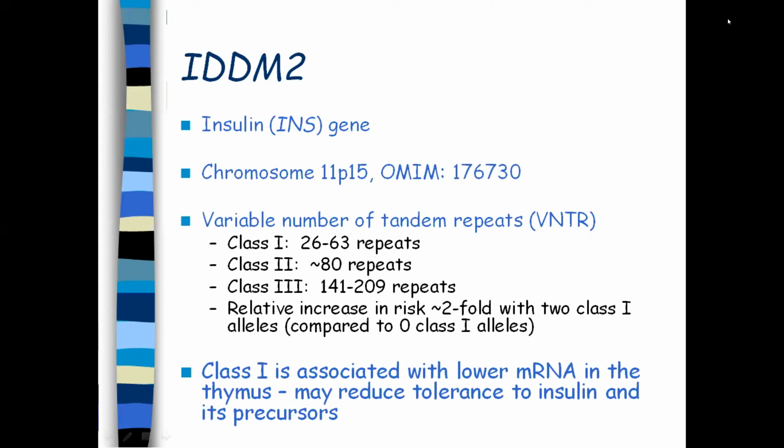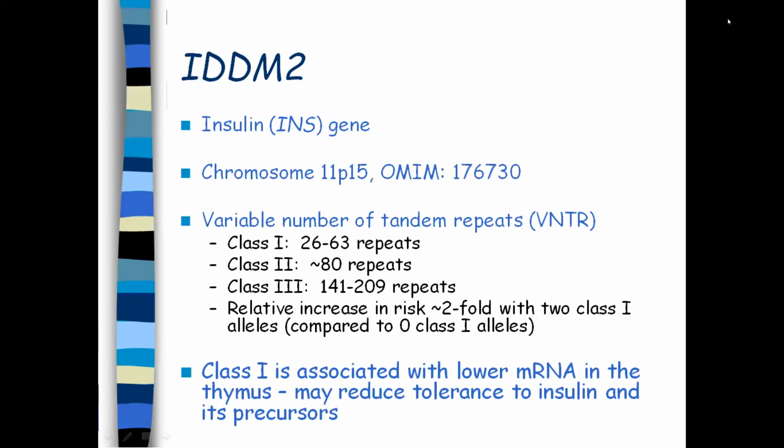So class 1 is associated with lower mRNA in the thymus that may reduce tolerance to insulin and its precursor. As we all know, type 1 diabetes is an autoimmune disorder where antibodies are produced, and those antibodies destroy the functional beta cells.